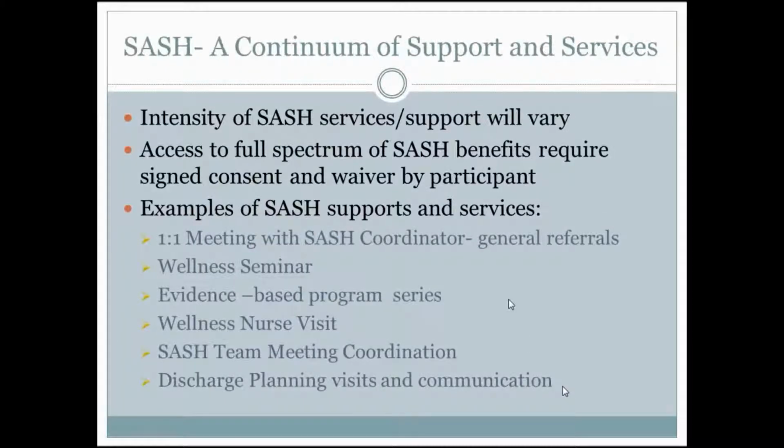is the continuum of support and services. And I just wanted to underscore, and we went through this a bit when we met a couple weeks ago, that SASH is really this continuum of support and services.